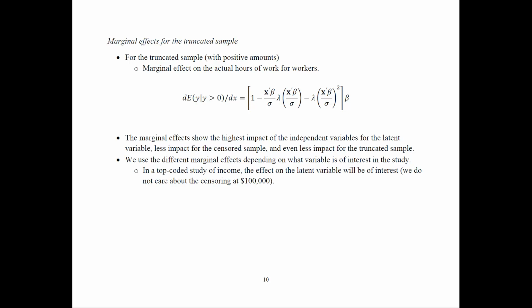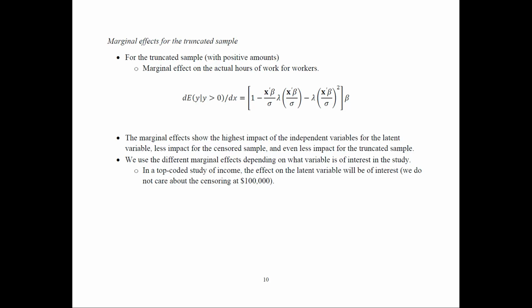But in general, if you have the zeros in the data, that would be the censored sample, and if you don't have the zeros in the data, that would be the truncated sample. Which one would have a higher impact? Well, the one that has censored ones as well, because then you have the zeros and you would have a lot more variation in the dependent variable than if you just try to explain the positive amount. And same thing for the latent variable.